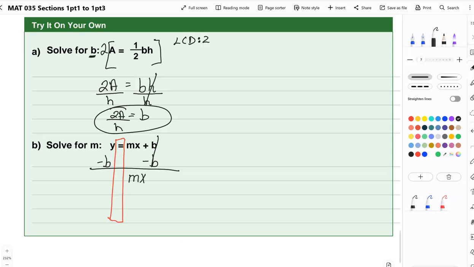I just have m times x on the right. On the left, y minus b is just y minus b. They're different variables, so I cannot put them together. To get m by itself, we've got to move that x, and think about that relationship. Right now they're multiplied, and the opposite of multiplying is dividing. That's going to zero those out. So we're going to have m on the right, and that's going to be equal to y minus b over x.